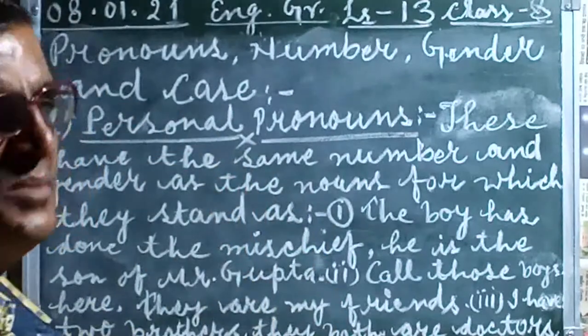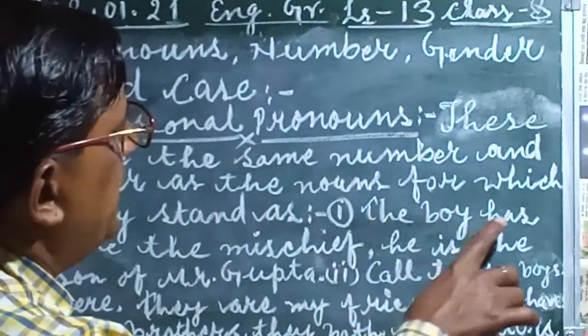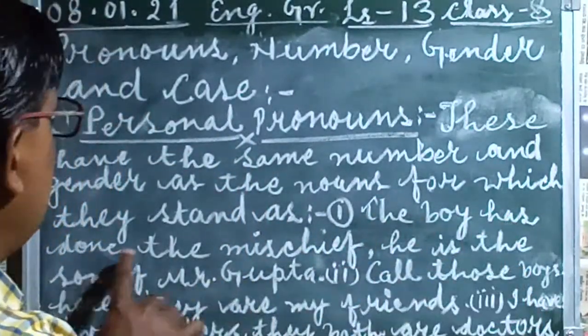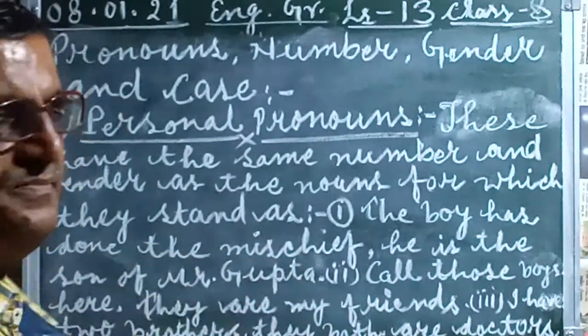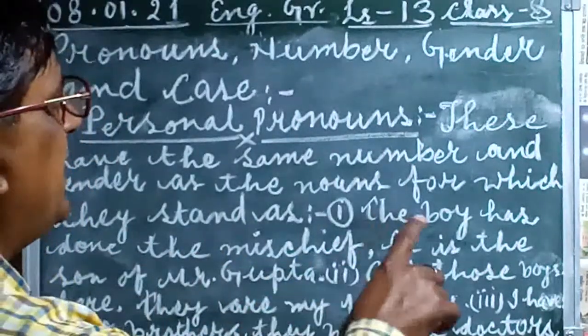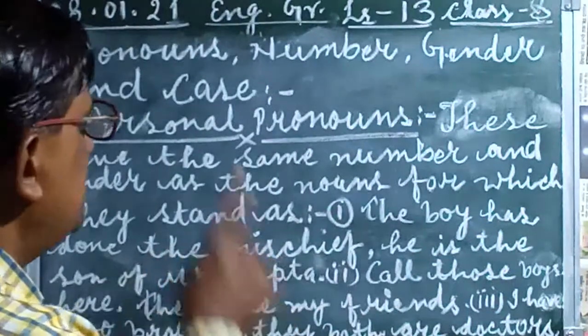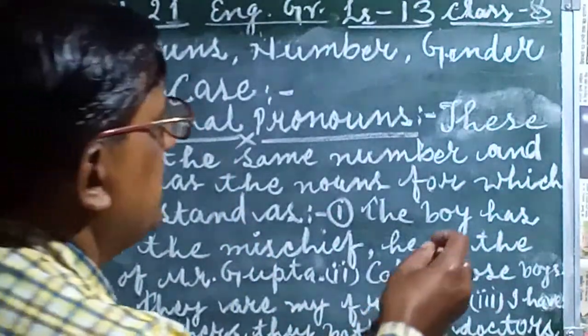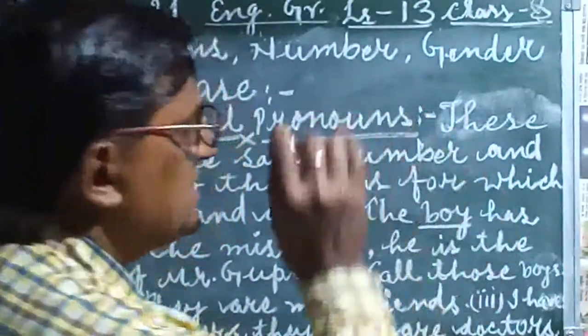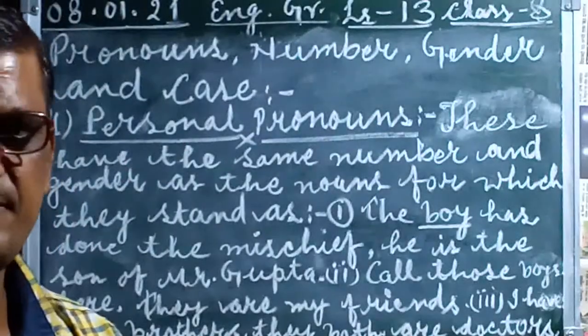Example number 1 I am taking. The boy has done the mischief. What is the noun here? The boy. Boy is a noun in this sentence.